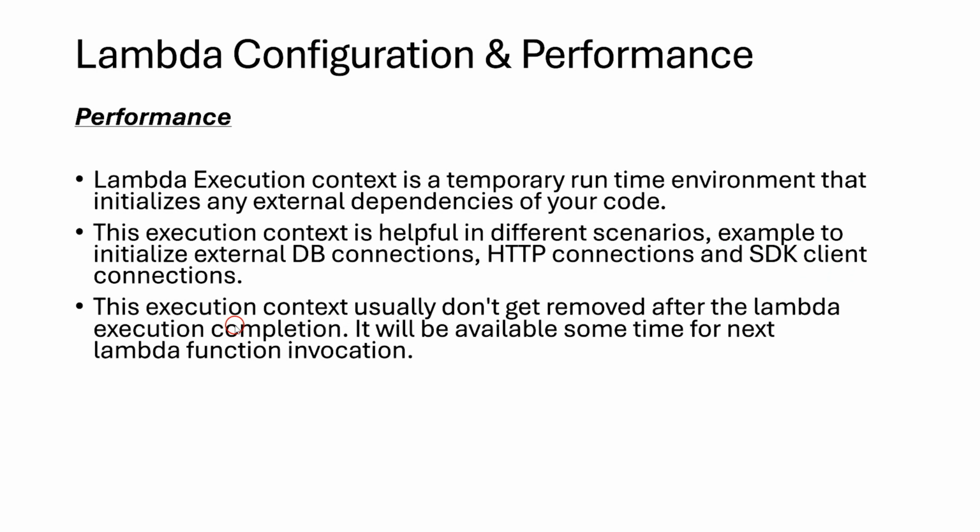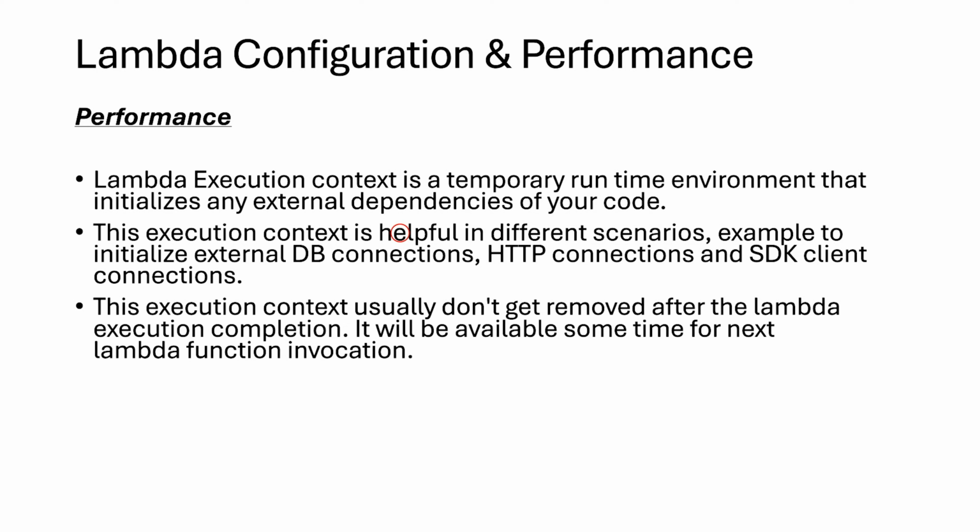If the first Lambda function completes its execution, and meanwhile the second one also starts executing, instead of creating these DB connections again, the other invocation also starts using the DB connection which was created earlier. So this execution context is shareable. It's not different Lambda functions, it's different invocations of the same Lambda function.